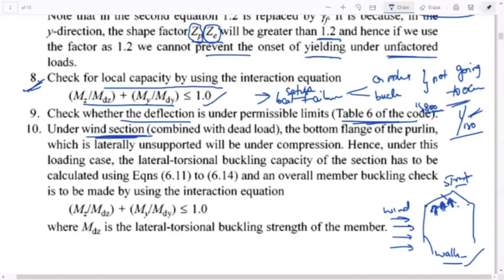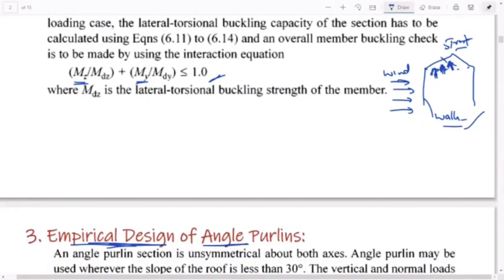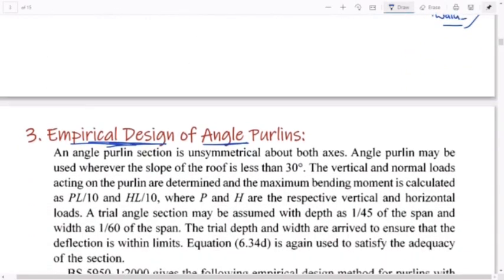So you have to check for the wind suction also. In order to do that, you have to find out the Mz and My corresponding to wind, and check this condition and the deflection also. Of course, we will go into detail when we design this numerically.